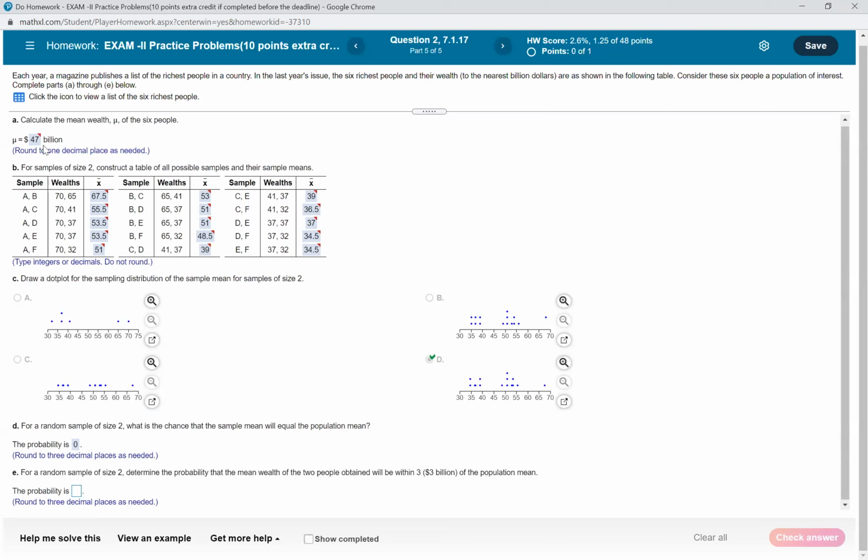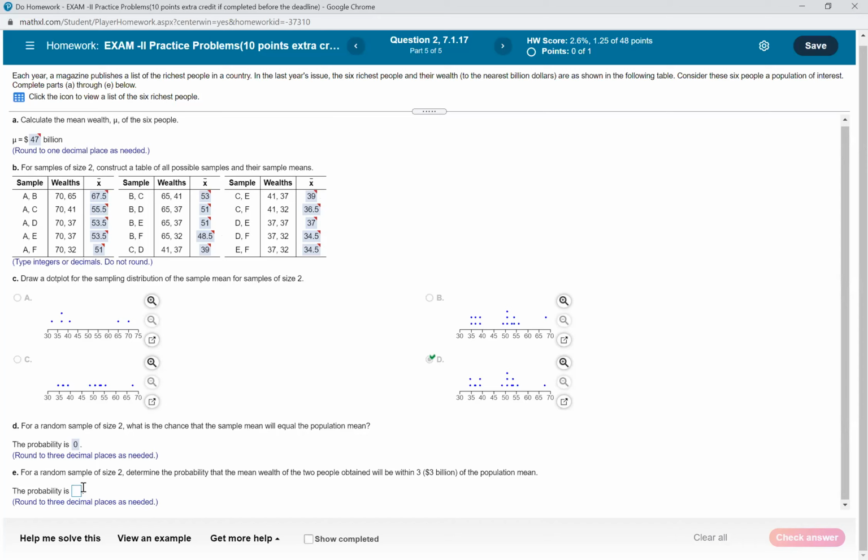So you have to see how many numbers are between 44 and 50. We have just this number, 48.5. Do we have any other number between 44 and 50? No, just 1 number. So out of 15, we have just 1 number.